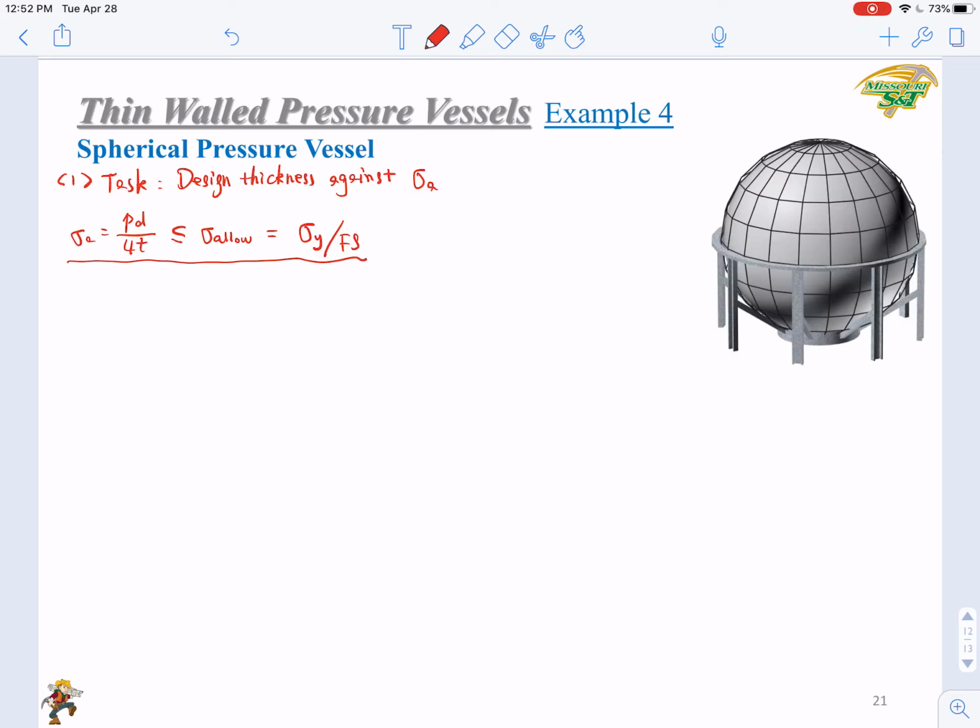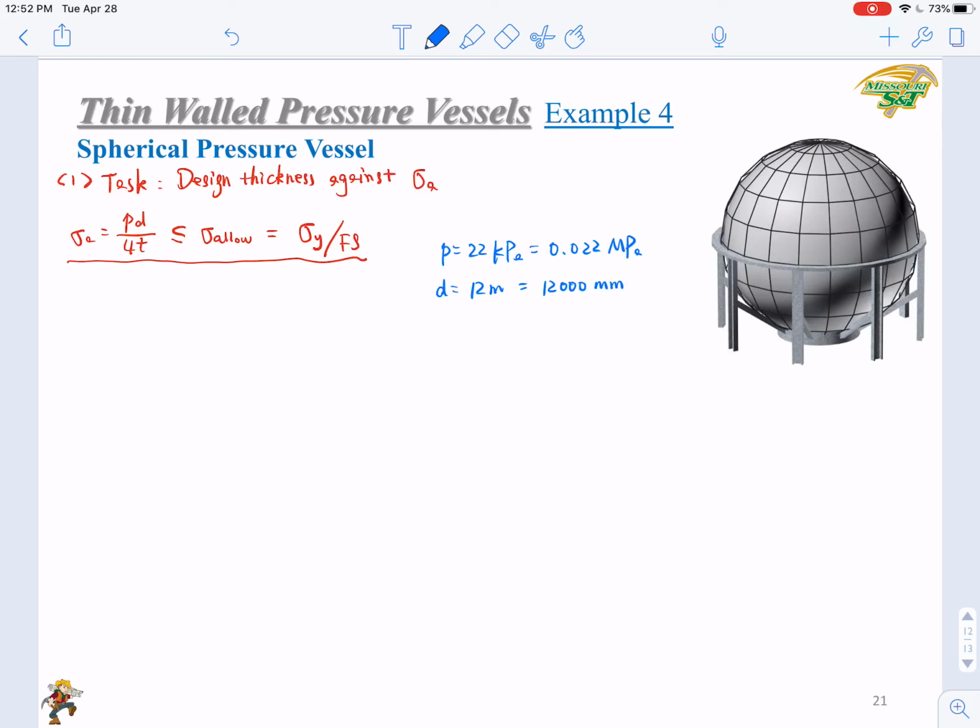Okay. So this is just the equation or the algorithm we'll use to finish this design task. Then let's list the parameters that have been given. The pressure, we have known that is 22 kPa or 0.022 MPa. Diameter D is 12 meters or 12,000 millimeters.